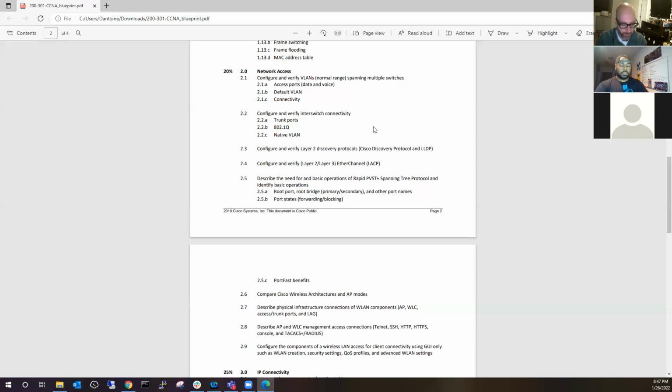You got PAgP, LACP, and link aggregate. The point of it is that you want to be able to aggregate multiple physical lines into one virtual line for redundancy and load balancing.